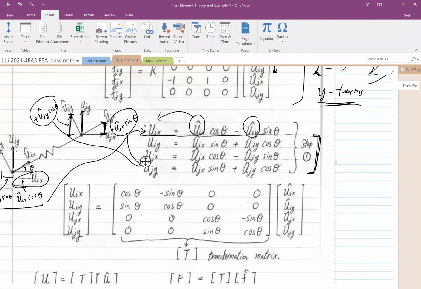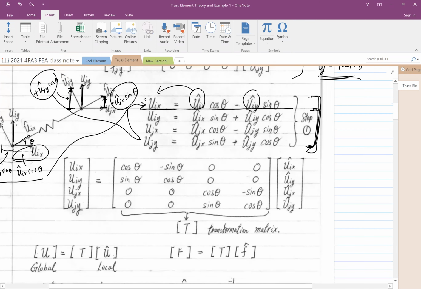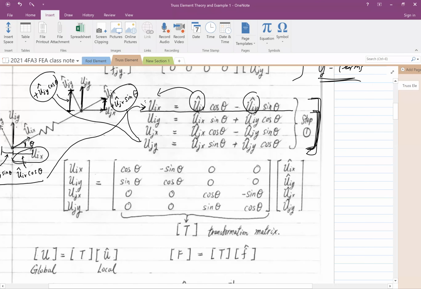Okay, we set up 4 equations. We factor out anything with the hat, and you get a funny looking trigonometry matrix. It's called a transformation matrix.